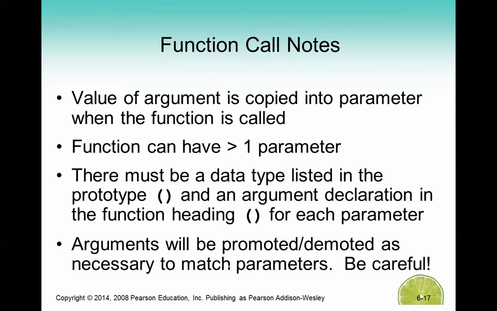Some notes that we need to keep in mind. The value of an argument is copied into the parameter when the function is called. Okay, so the value is the one that is going to be copied.